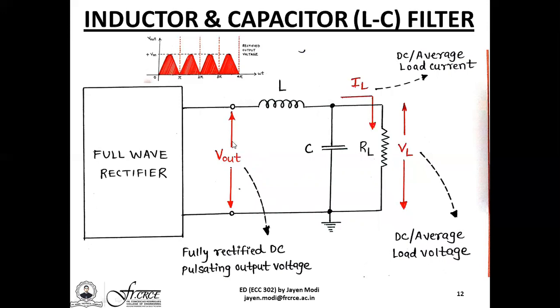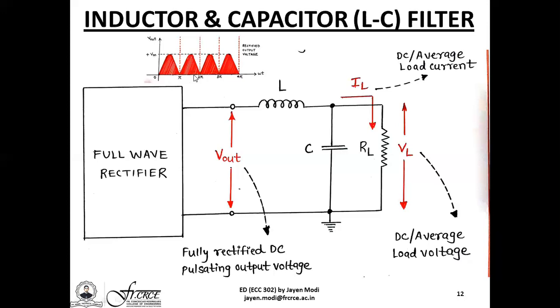So rectified output voltage V out contains a DC component and it contains an AC component as well. So it is technically pulsating DC having a peak value of plus Vm and a minimum value of 0. The voltage goes down to 0 at intervals of origin, pi, 2 pi, 3 pi, 4 pi, etc. So although the voltage is definitely positive, it is still not stable, it is still not constant, it is continuously fluctuating, and the ripple content is very, very high.